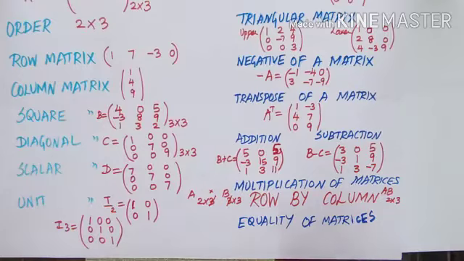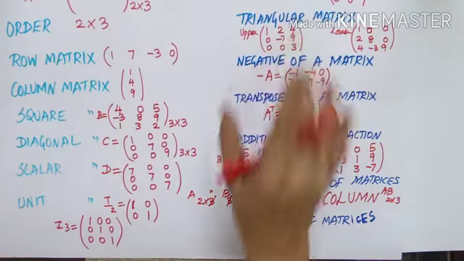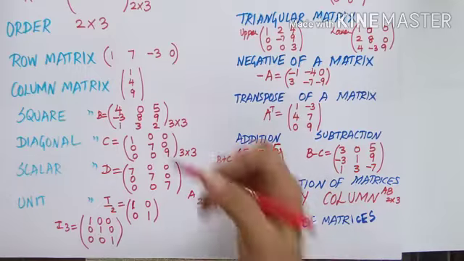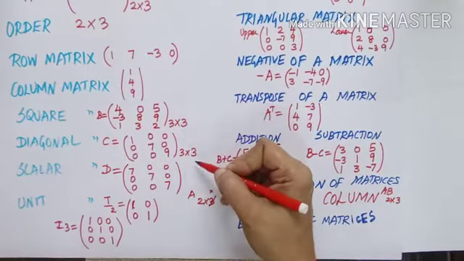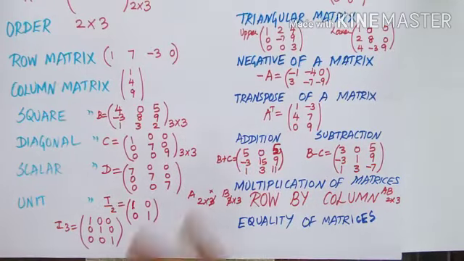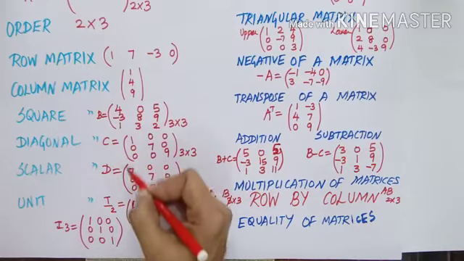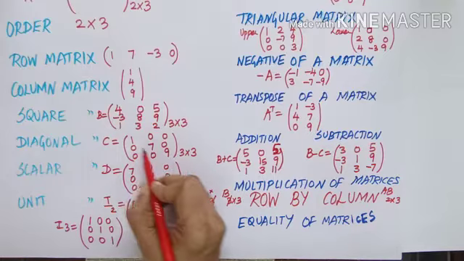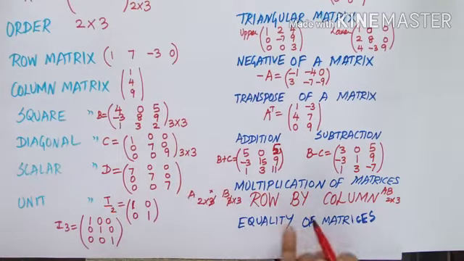Equality of matrices. When will you say two matrices are equal? Here any of these matrices are equal given? No. Equality tells me order must be same also. The elements, corresponding elements must be same. So for this matrix, if I want to write an equal matrix, I can have like this way.